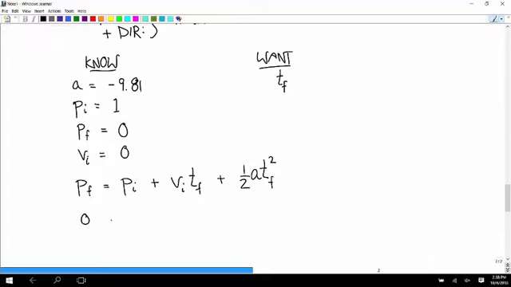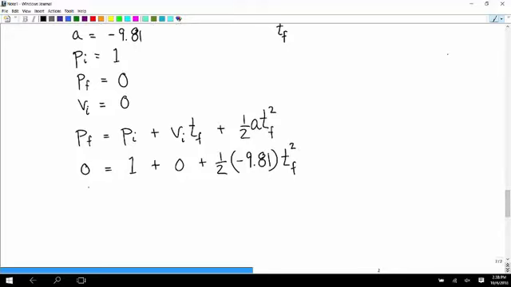So we have that 0 is equal to 1 plus, since VI is equal to 0, this term is 0, plus 1/2 times negative 9.81 times TF squared. 1/2 times negative 9.81 is negative 4.905.